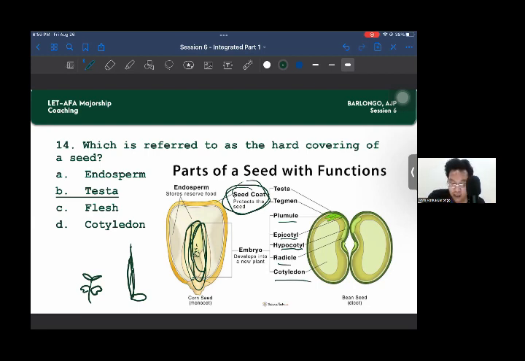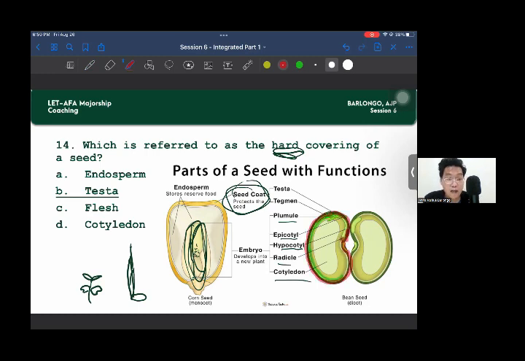So, kaya siya tinatawag na hard covering kasi ayun yung mas nasa labas. So, yung tegmen, if you will see here, siya yung naka light green na layer. Then yung testa ayun yung nasa labas.